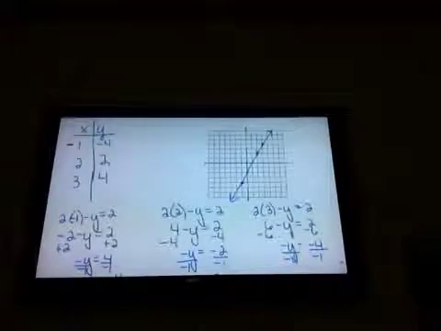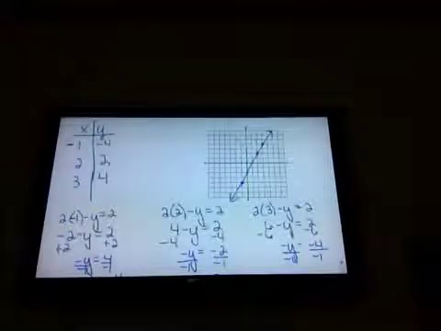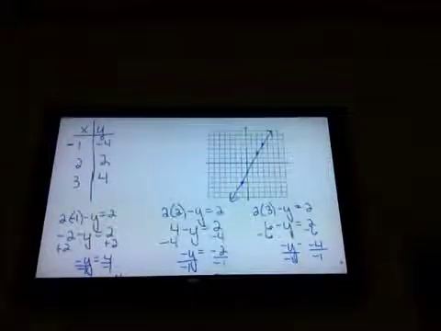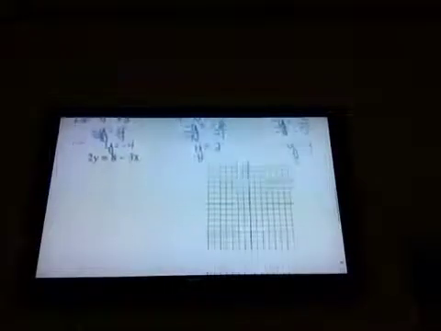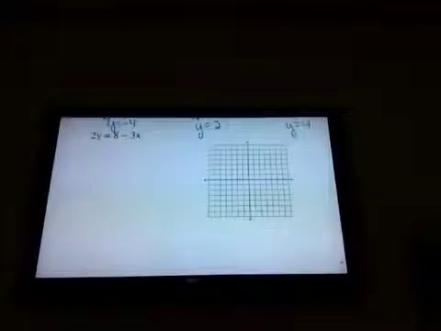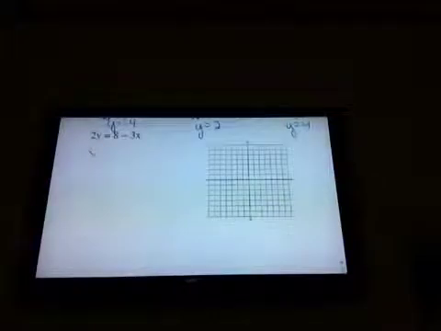Okay, question on that one. All right, next question. Again, same process, different algebra. I'm going with 1, 2, and 3 again.